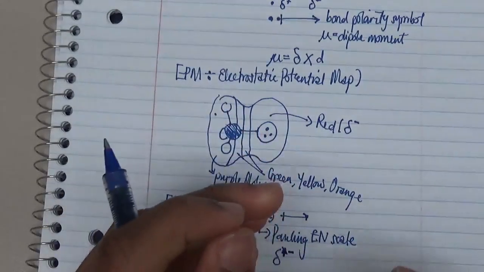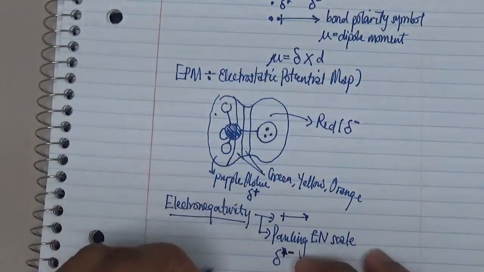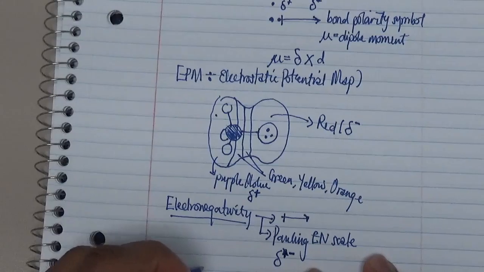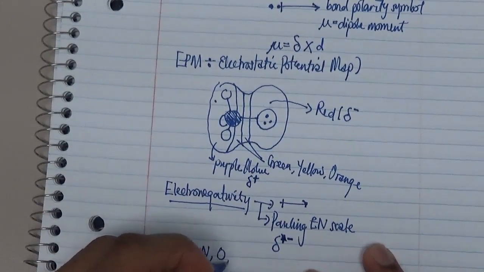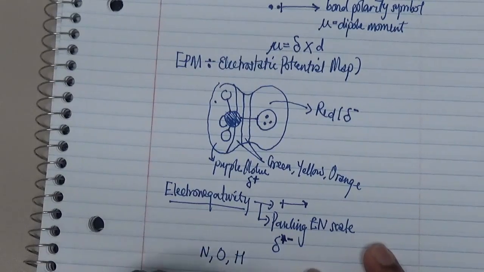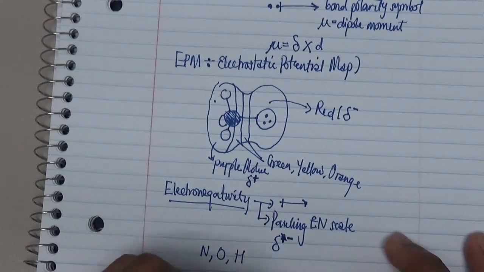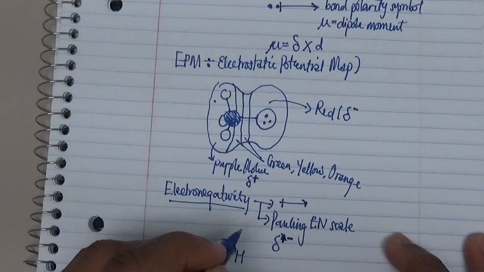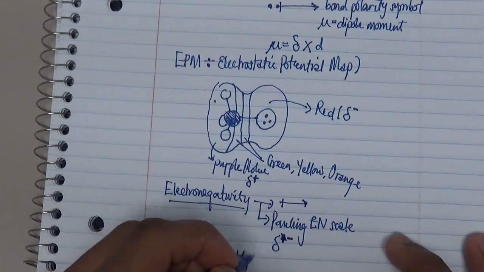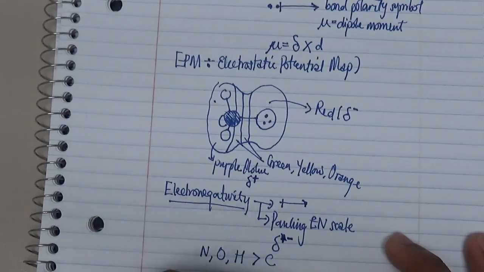If you look at the periodic table, the most important thing to note is that nitrogen, oxygen, and all the halogens have a higher electronegativity value than carbon.